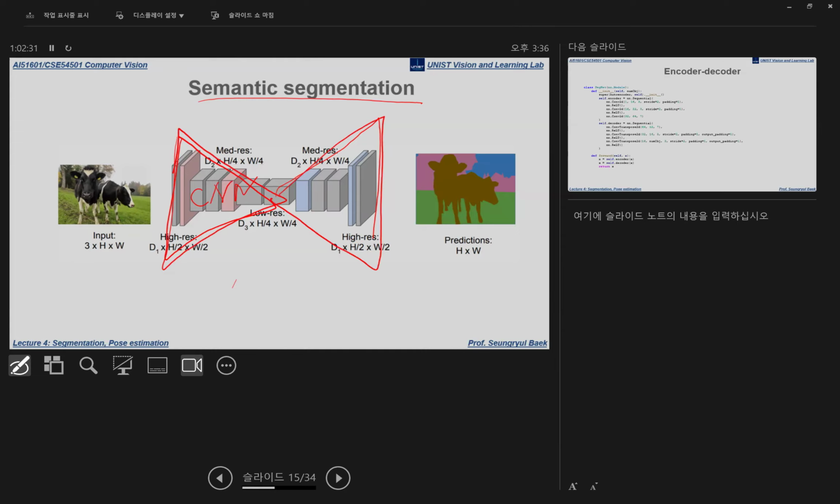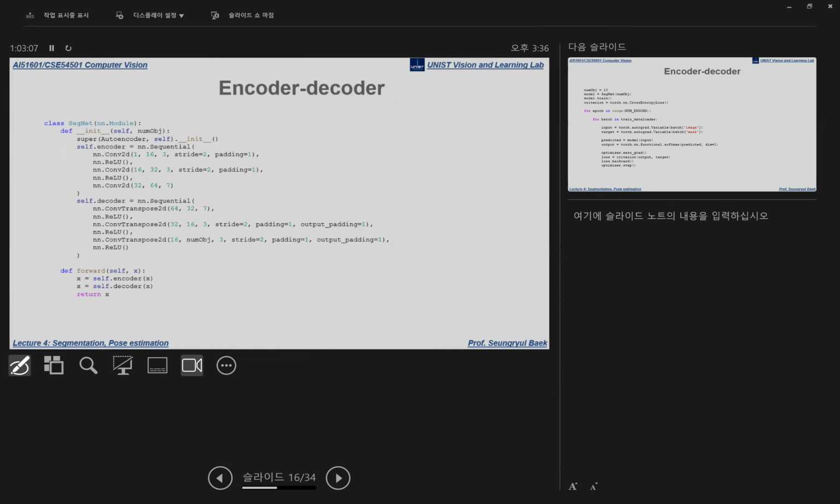But if we constitute the later part of the deep architecture with the transposed convolution operation, we can upsample the output, okay? And then we can eventually make output signals with the same dimension as the input signal, okay? You can also note that this transposed convolution is a differentiable operation and can be used in the deep architecture.